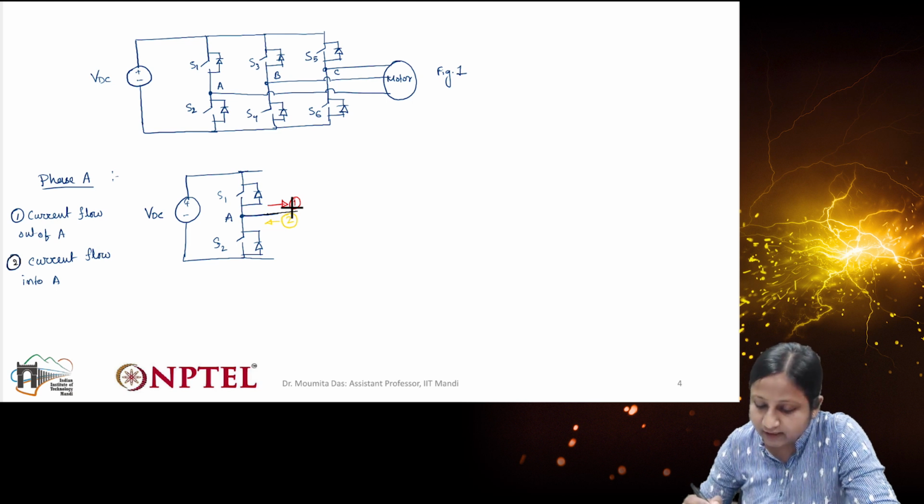So let's consider the first case, current flowing out of A.